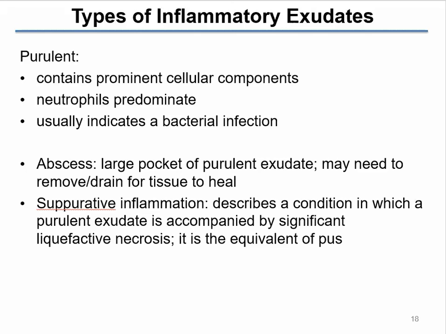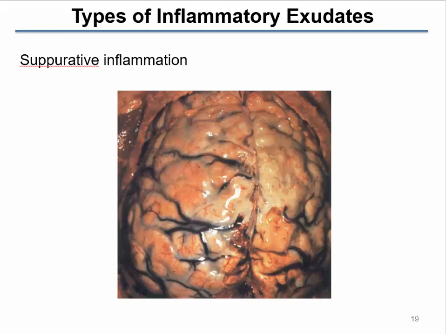So the suppurative inflammation is there's a lot more liquefactive necrosis, a lot more pus. This picture is of suppurative inflammation of a brain. It's caused by an infection of the brain by a pathogen. So this is meningitis.